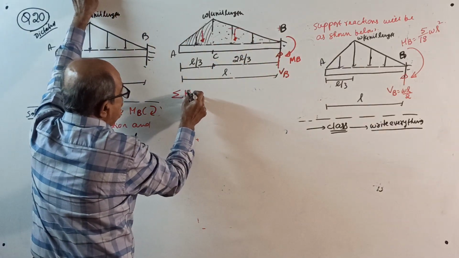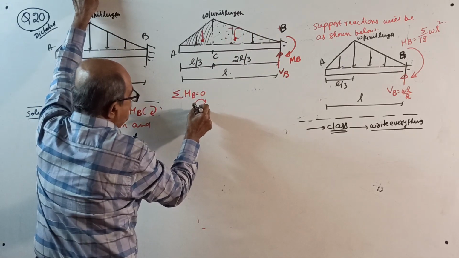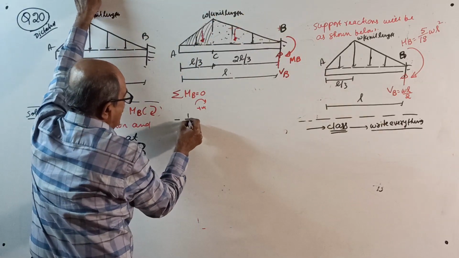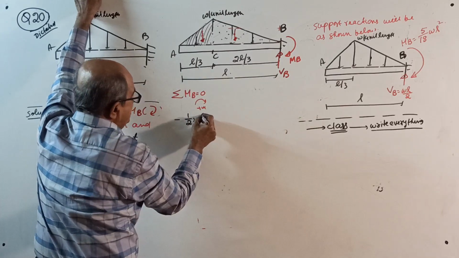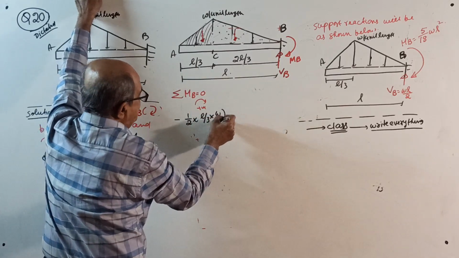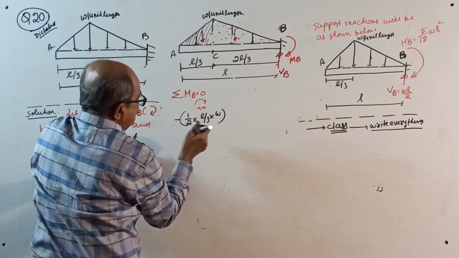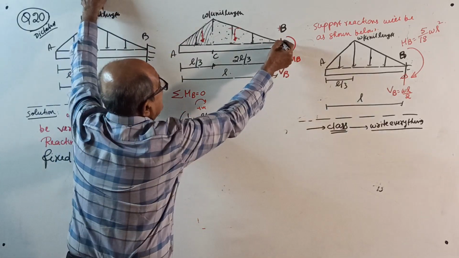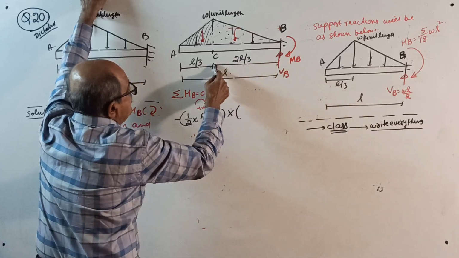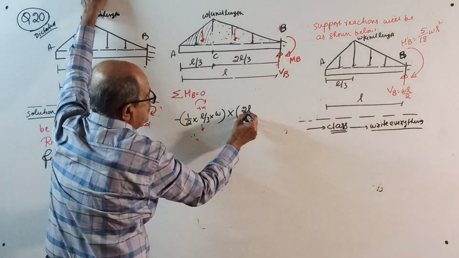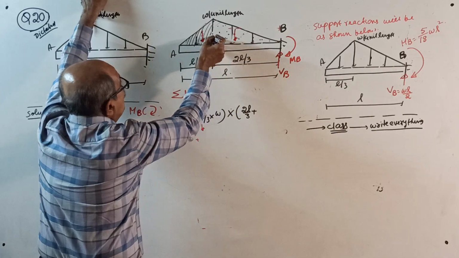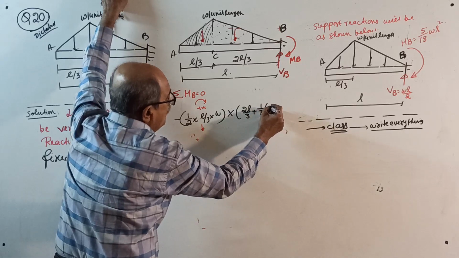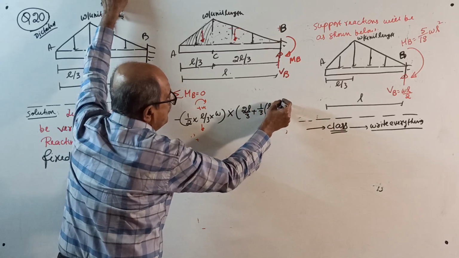Okay, start. Sigma M about B equals 0, take clockwise positive. Take this load, minus half into L by 3 into W, which is this total load, multiplied by the moment arm about this point, 2L by 3 plus 1 by 3 of L by 3, in a bracket here.